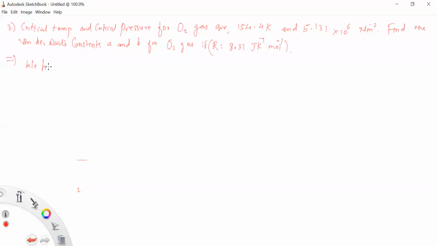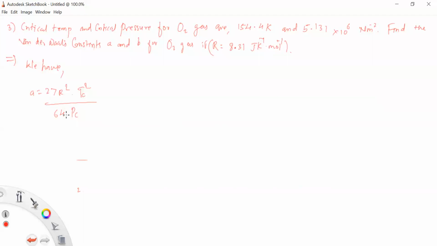काय आहे आपल्याकडे, तर we have A is equal to 27 R square into TC square upon 64 PC. Right.